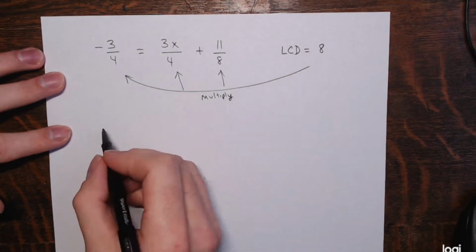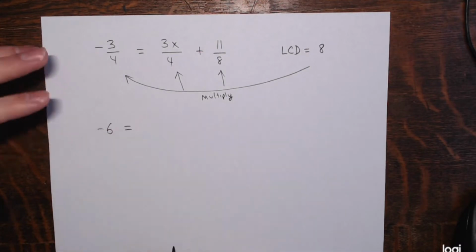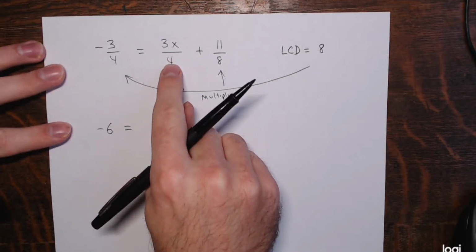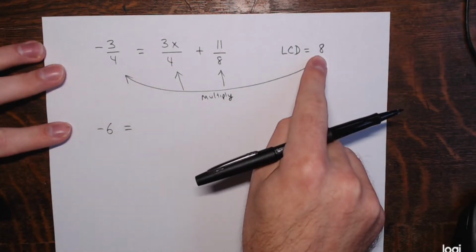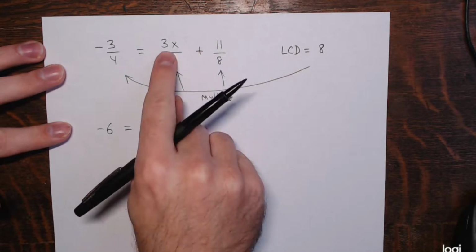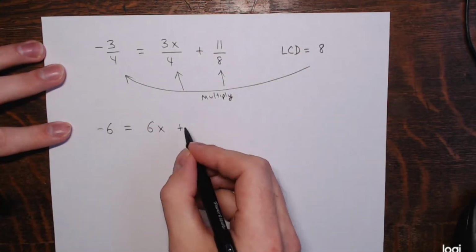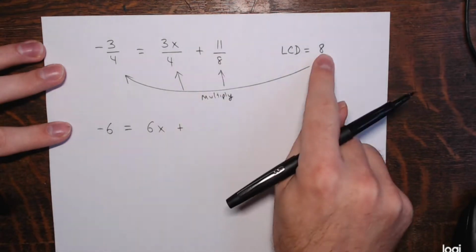The left side will be -6. Then 3/4 x times 8 would be 6x, plus 11/8 times 8, the 8s cancel and you have 11.